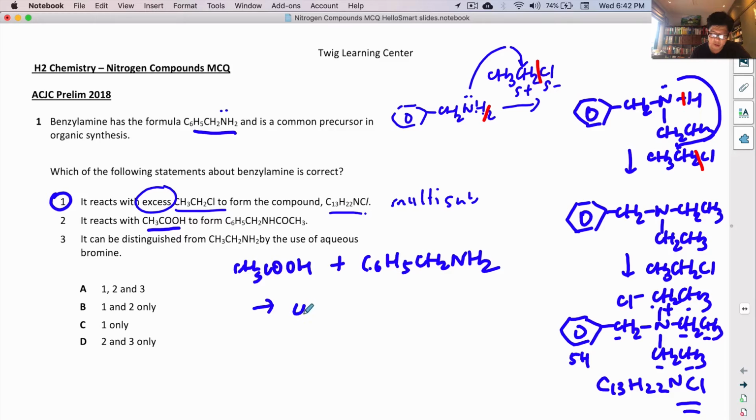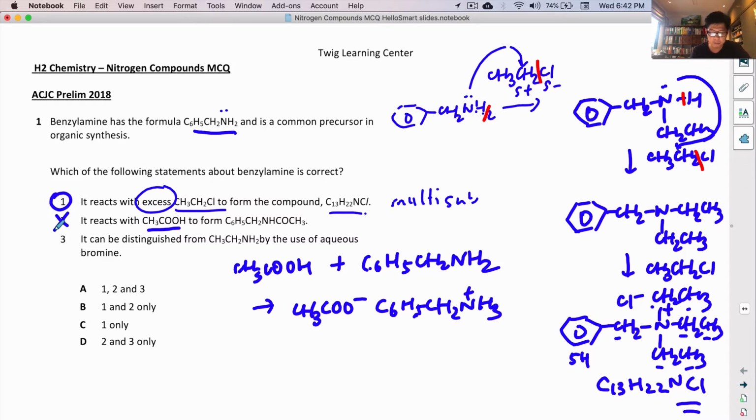The salt will be CH3COO minus and C6H5CH2NH3 plus. So it's an acid-base reaction, proton donor, proton acceptor. So this is definitely wrong.